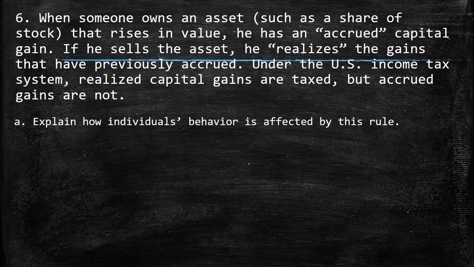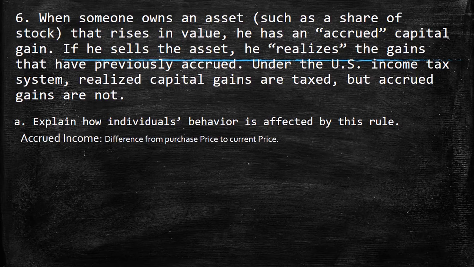Under the US income tax system, realized capital gains are taxed, but accrued gains are not. So the first question that the text proposes to us is: explain how individuals' behavior is affected by this rule.